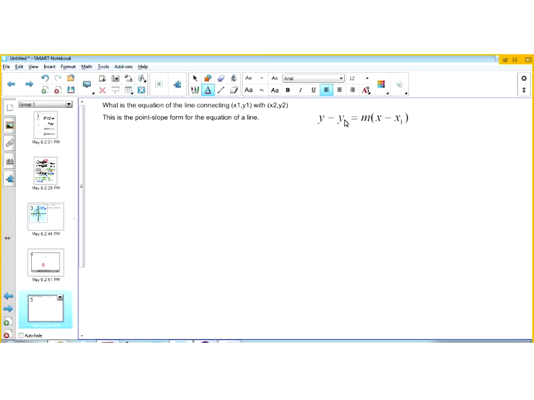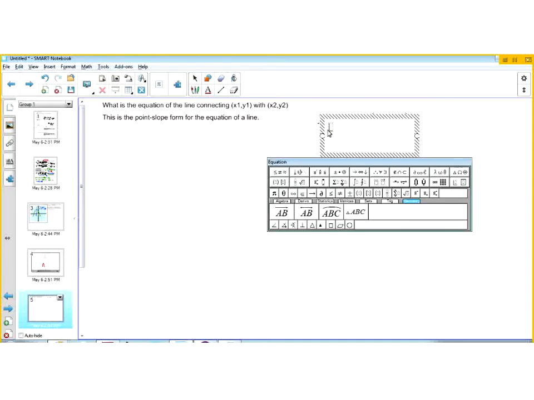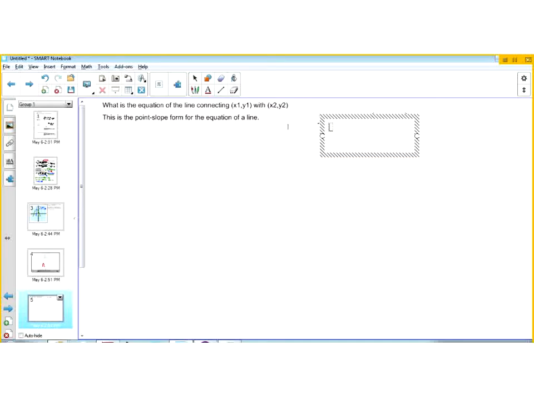Now, in this case, I chose to build my equation using y1 x1. I could have easily chosen to build my equation using y2 x2. So let's see. In other words, I could have done this. Let's see if I can copy this. Control C, Control V. Oops, I don't think that's going to work.